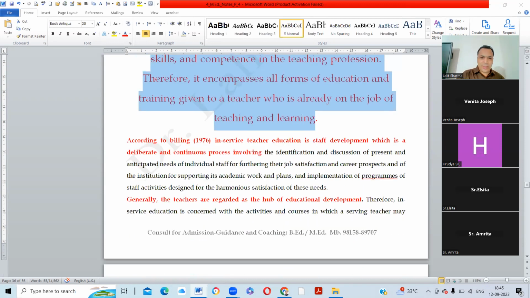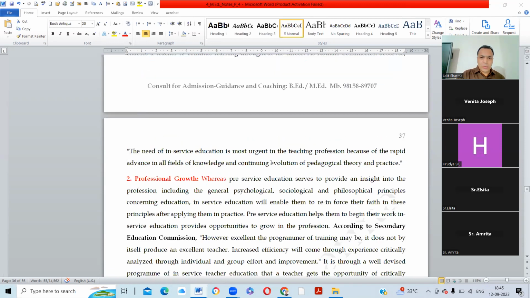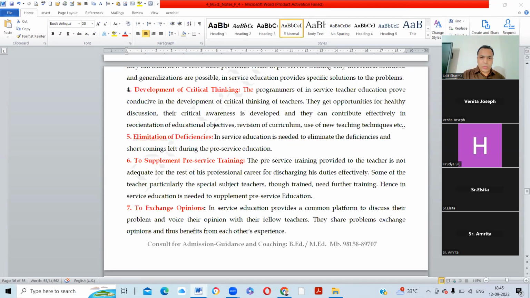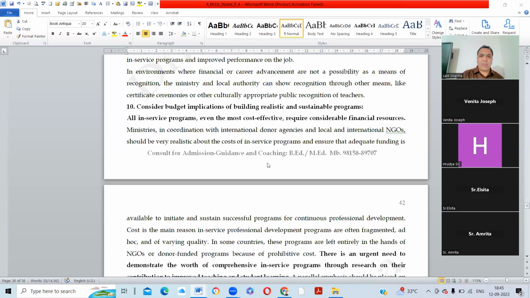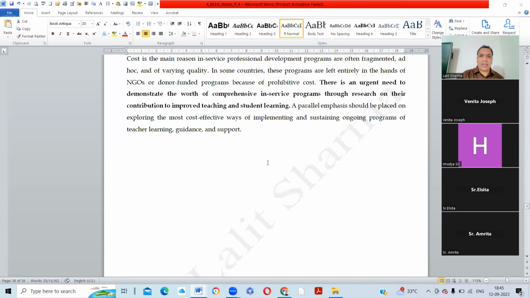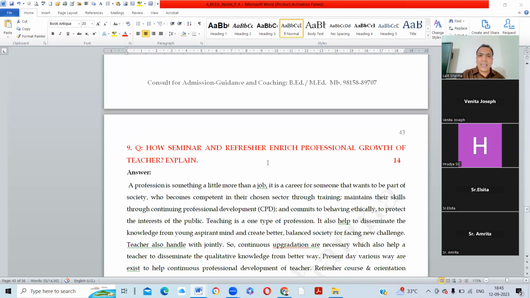This talks about the procedure of in-service programs and the agencies that organize the in-service teacher education program. I have already discussed DIET, Regional Institute of Education, that arrange in-service teacher education programs for the benefit of in-service teachers to upgrade their skills, knowledge, and competences, right?